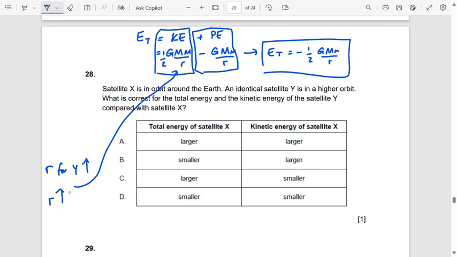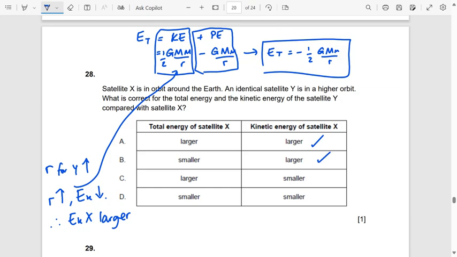Okay, so if R is greater, kinetic energy is smaller. Therefore, kinetic energy of X is larger than Y. Right, so it's either one of these.